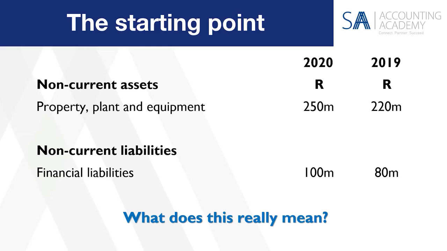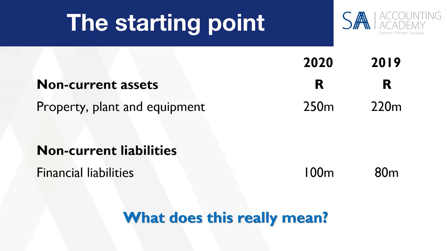Now, why this is important is because both these figures are pre-tax. We need to now go and assess what the tax consequences are of the future economic benefit inflows and also the future economic benefit outflows, obviously represented in our assets and liabilities.